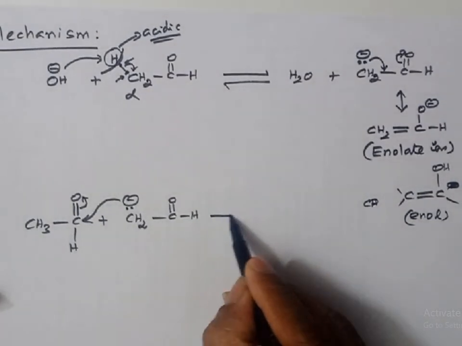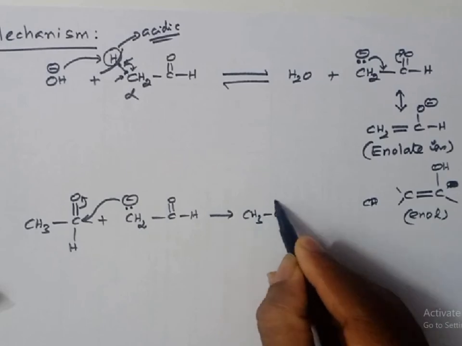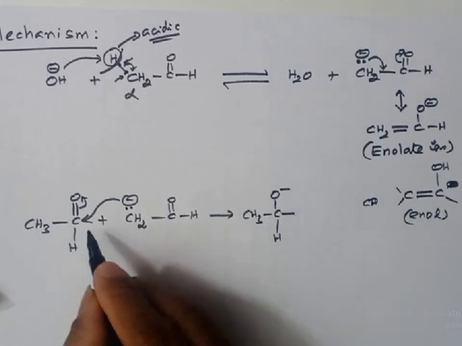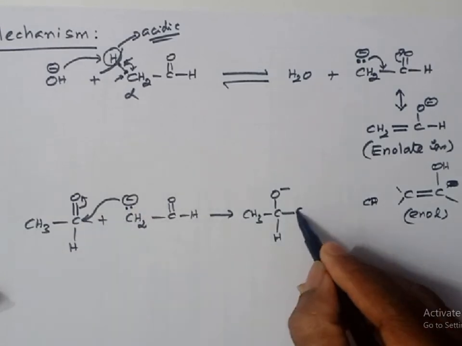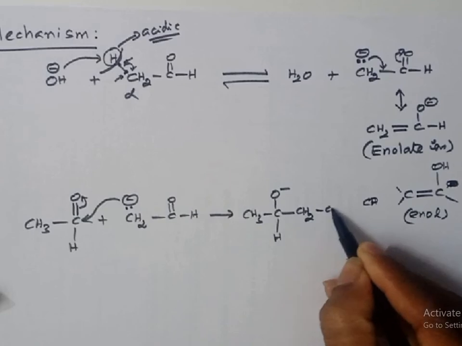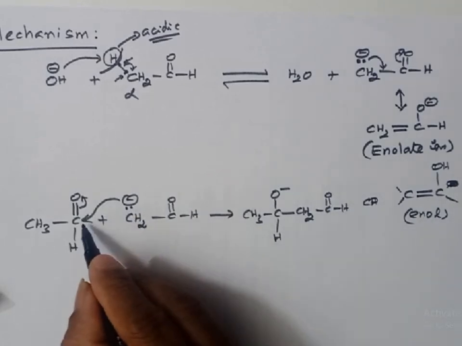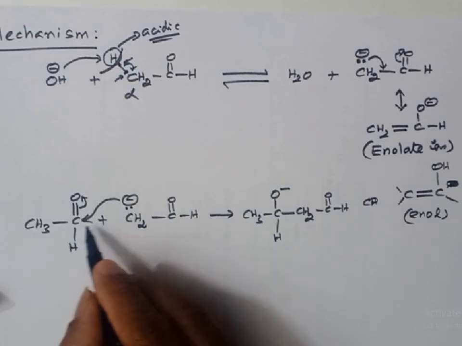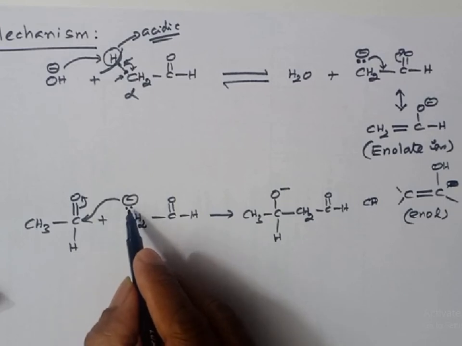So what will happen? Let me write here, CH3 CH O minus. You'll get a new bond between these two carbons, and this carbon becomes CH2, C double bond OH. Since this carbon donates the lone pair and attacks this carbon, you'll get a new bond, and since it is donating the electron, that carbon becomes neutral now.